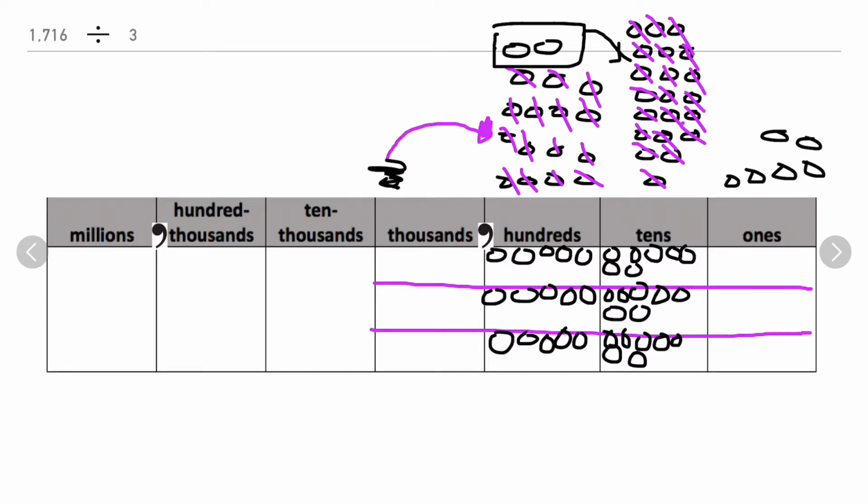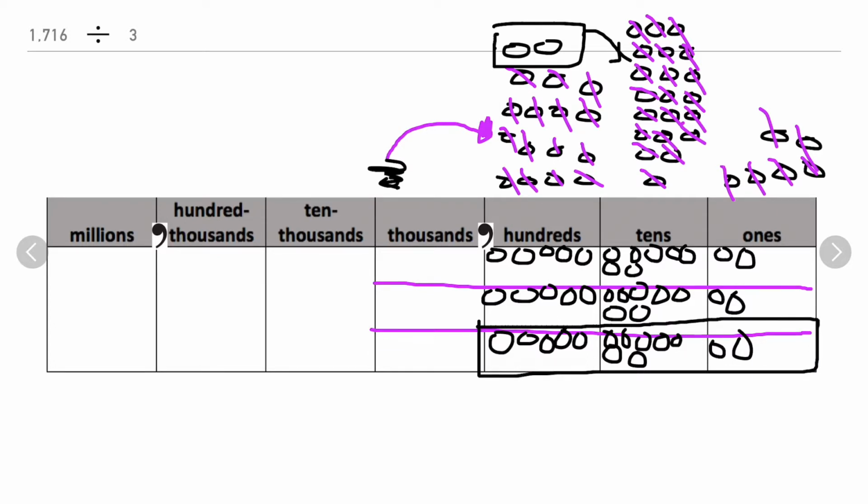Woo, perfect. We had just enough tens to distribute them evenly to our 3 groups. Let's do the same thing for our ones. And we had just enough ones. Awesome. Remember, in order for us to find our quotient, we're going to need to look at one group.